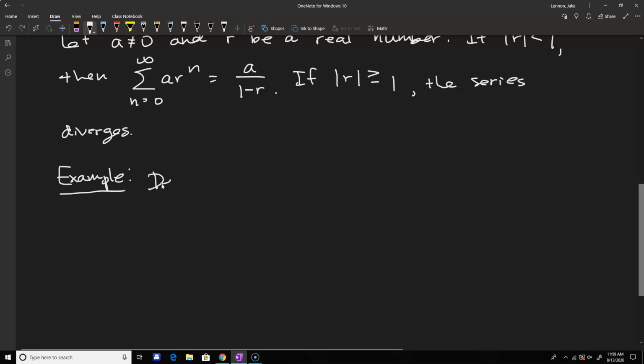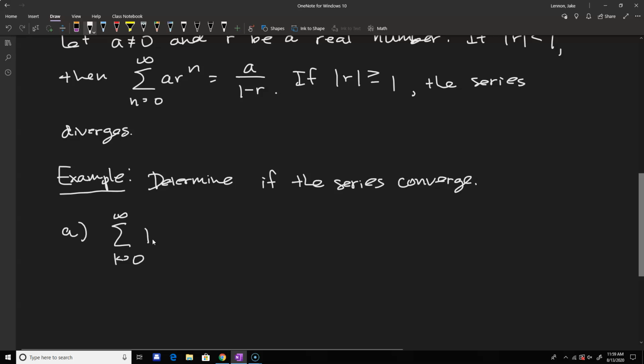Determine if the series converge. Let's look at the series starting at k equals 0 going to infinity of 1.1 raised to the k power.